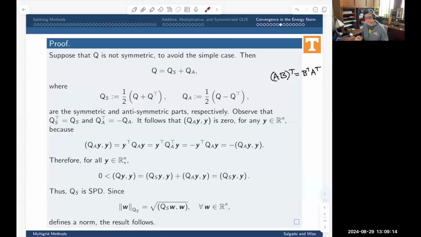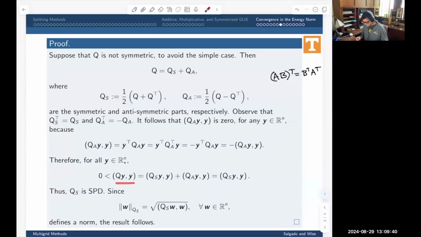Then we're going to use the distributive property, the linearity of inner products. That's going to give us two separate terms, ⟨QSY, Y⟩ and ⟨QAY, Y⟩. But we just showed that this guy is equal to 0. So that says that QS actually must be positive definite. In fact, it's symmetric positive definite because QS is a symmetric matrix.